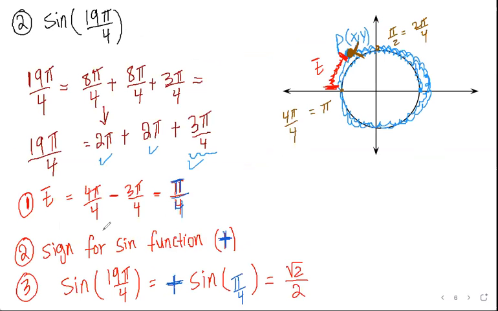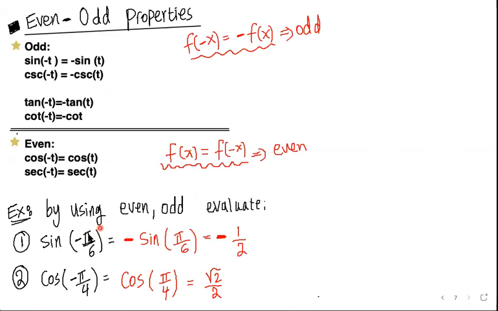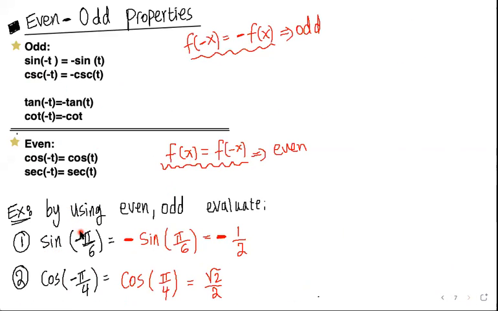Just use this step, first, second, third, and you find the answer. This is for negative only. If you have negative, it's better to make it positive, because after you find it positive, you can use the steps here, 1, 2, 3. If it's positive, don't change it to negative. You will not get the answer.